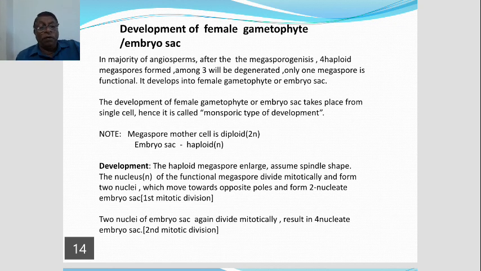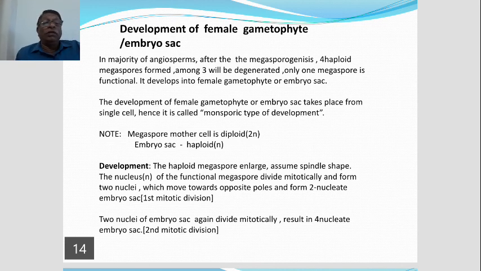Hence it is called Polygonum type of embryo sac development. It's not mentioned in your NCERT. Okay. Note, megaspore mother cell is diploid, that is MMC, whereas embryo sac is haploid, n.